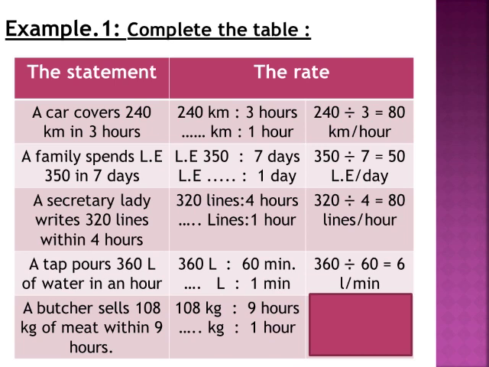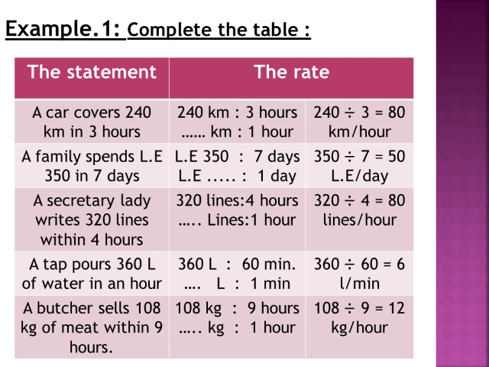Primary, we make what? We make divide. 108 divided by 9 equals 12 kilograms per hour. So we solve the rate like that.